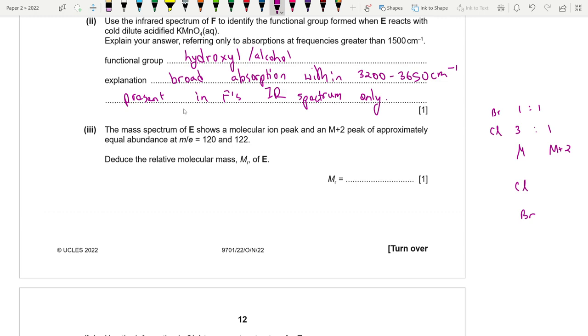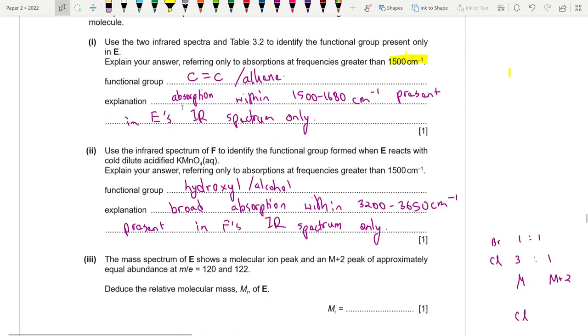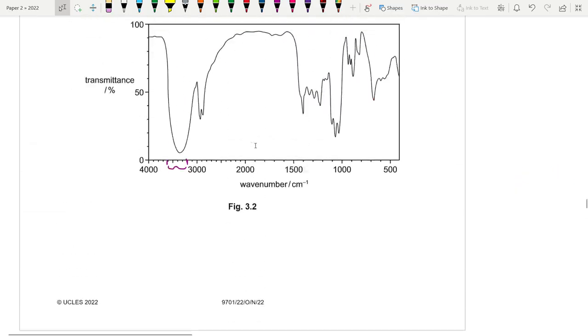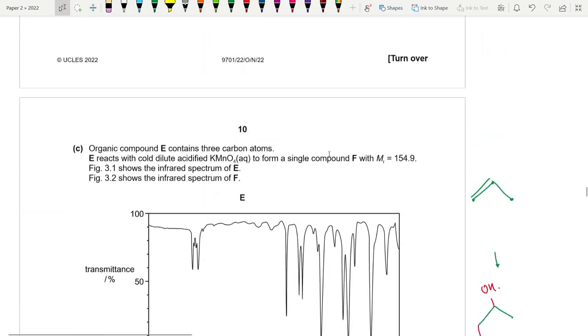So how to do this? Essentially, the concept is this peak over here, 120, is basically the M peak, and 122 is the M plus 2 peak. Do we have other information over here? Yeah, we do.